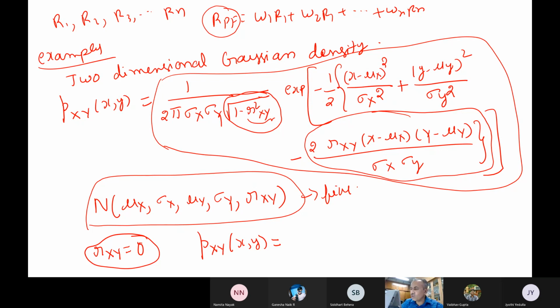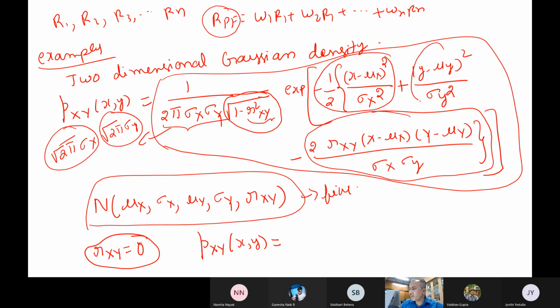If I split it into two pieces, what happens? If I write this as root 2 pi into sigma x, then root of 2 pi into sigma y, anyway the square roots, when you multiply, go away. So this also I can split into two pieces in the numerator, and this one is separate.